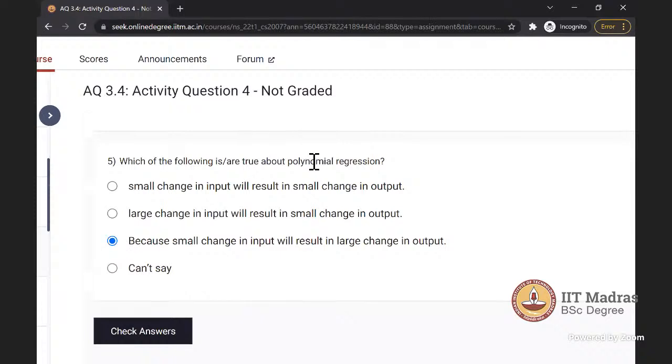Yes, and due to that, overfitting will start to creep in, and the weight parameters, the coefficients of the features, are going to take larger values and contribute to larger fluctuations, even if there is a small change in input. Therefore, option 3 is right.